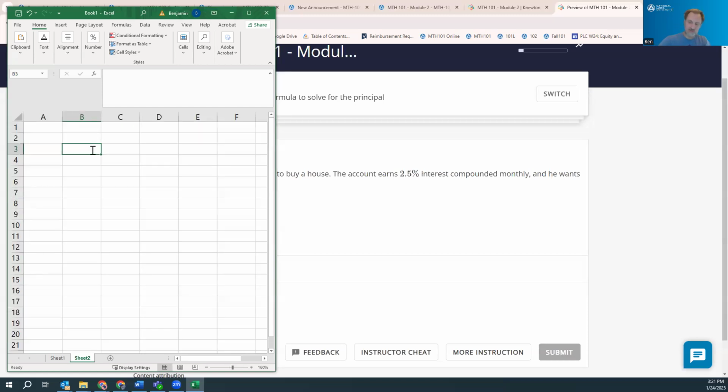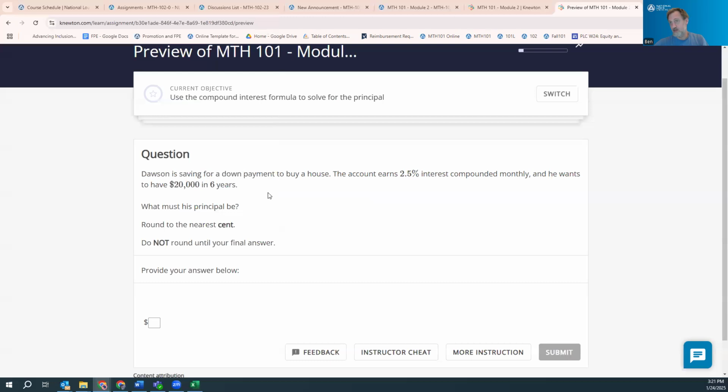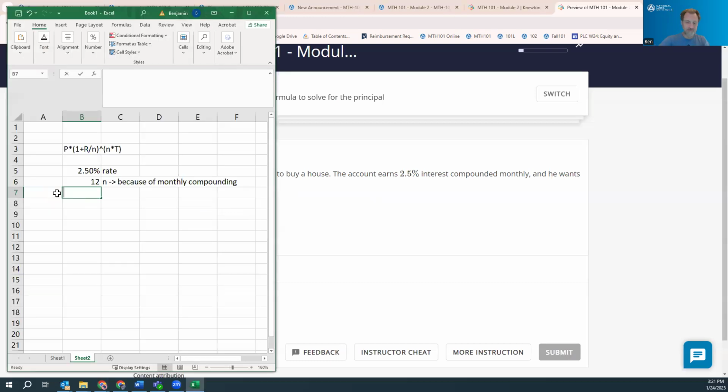Compound interest formula is principal times 1 plus the rate divided by n raised to the n times t. And what are the things that I know? 2.5% is my rate, and it's compounded monthly, so 12 is my n because of monthly compounding. And what else do I need? 6 years.